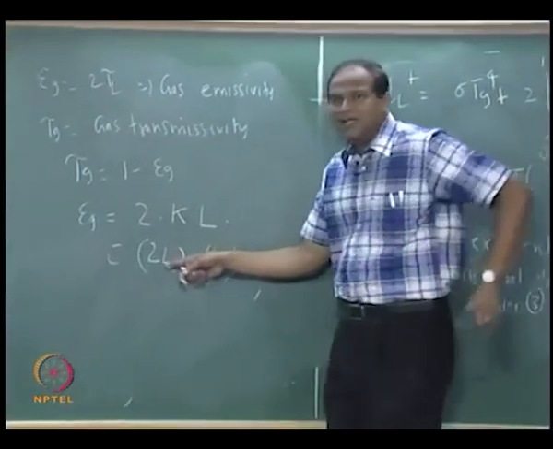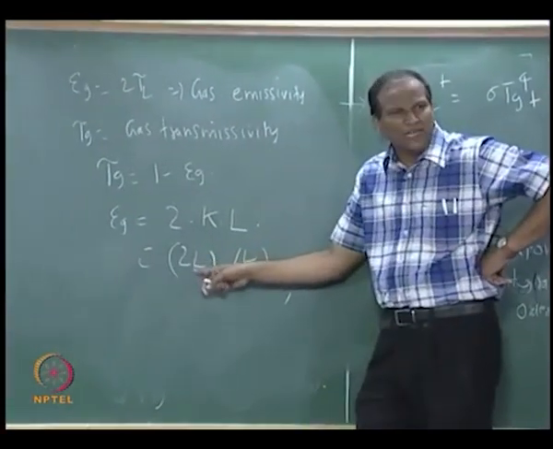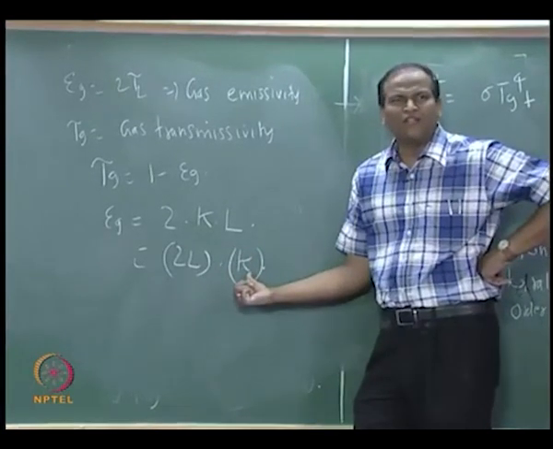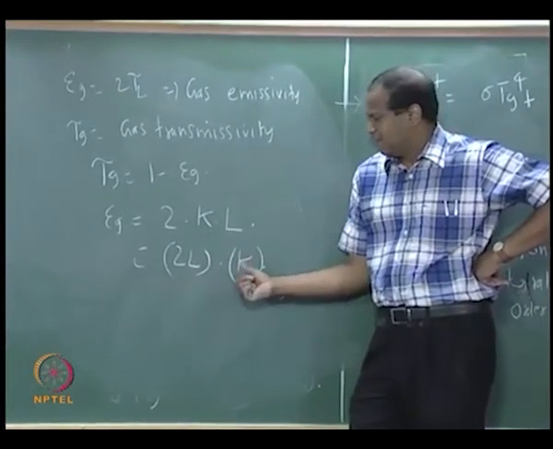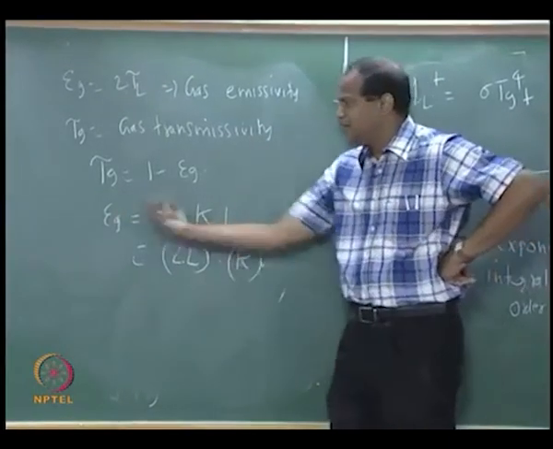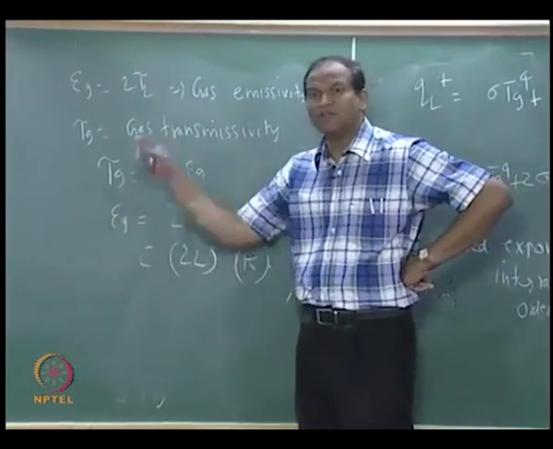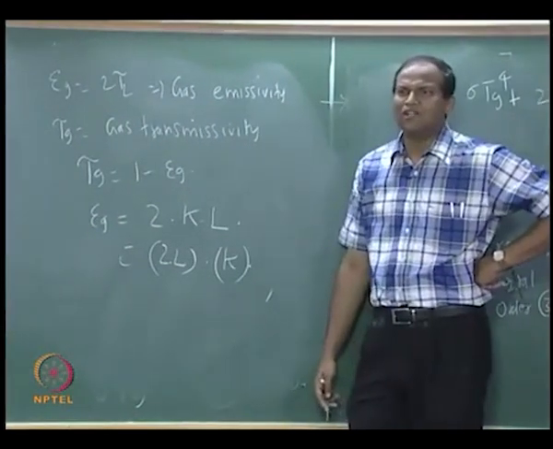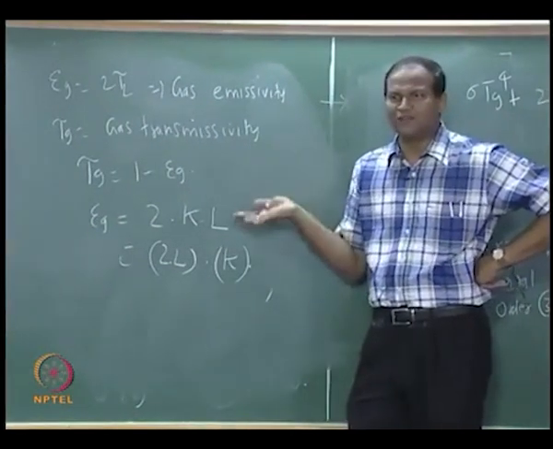The 2L is related to the geometry. The kappa is related to the capacity of the gas to absorb. When I combine this geometric part and the thermal part, I get an equivalent gas absorptivity with which I can use the radiosity formulation I used for the evacuated enclosure. I can modify it and use it for this.